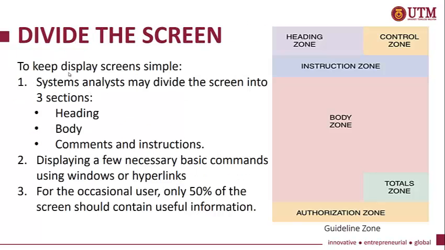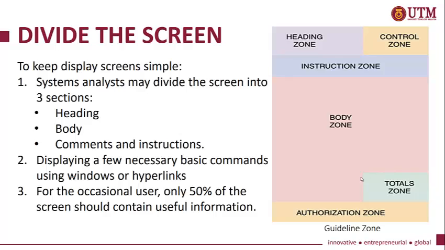In order to keep the display screen design as simple as possible, the system analyst may divide the screen into three sections: a section for heading, body, and comment and instruction.